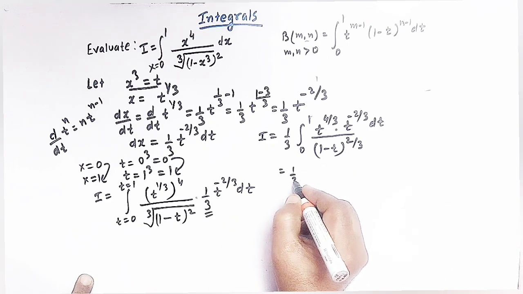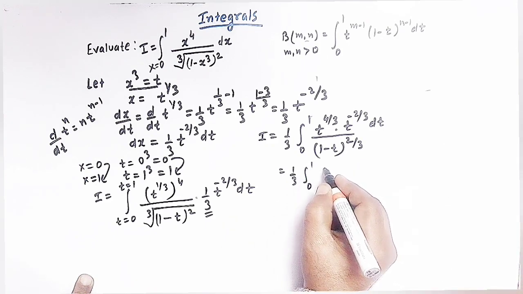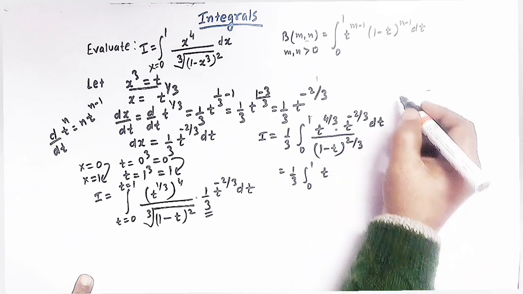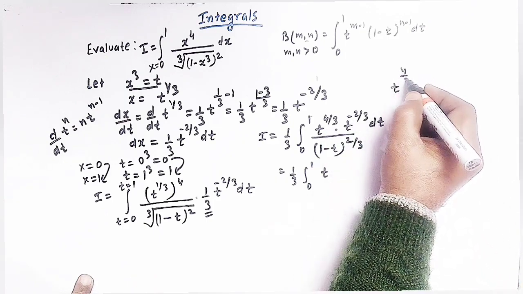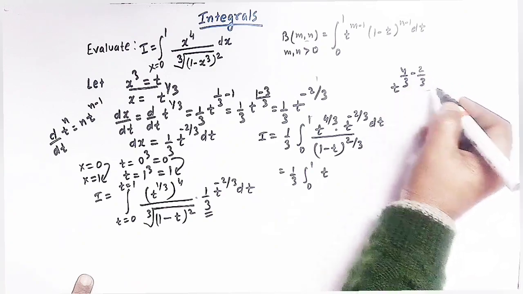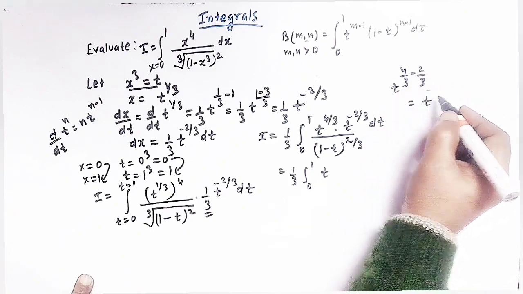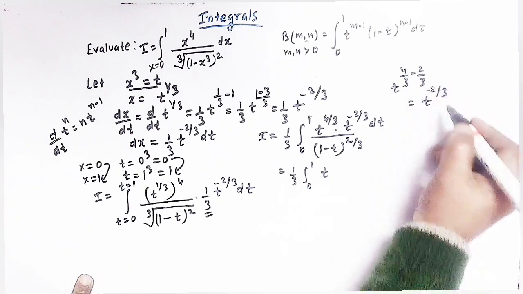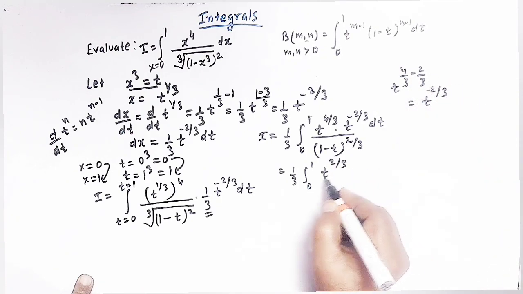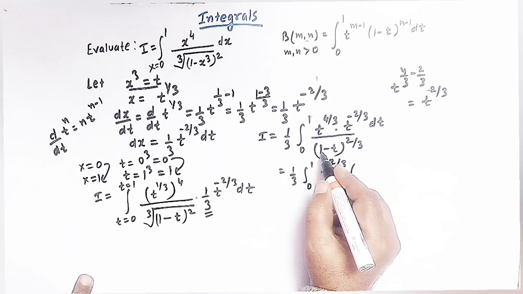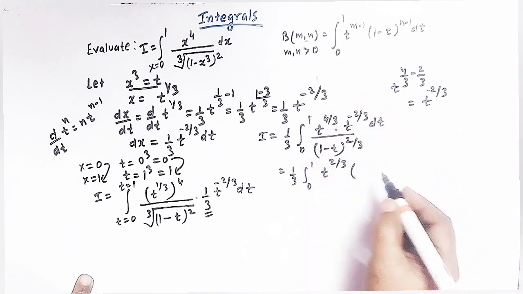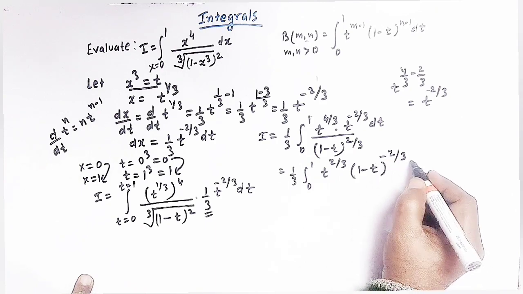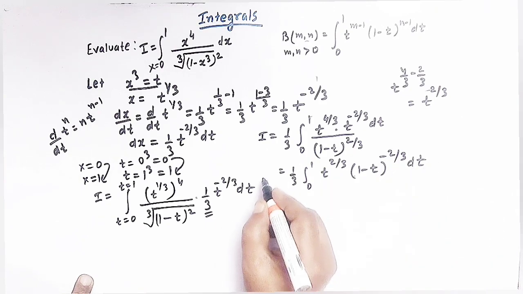So now this is 1 over 3 integral 0 to 1, and here using the laws of exponents, we can write t raised to 4 over 3 minus 2 over 3, that is t raised to (4 minus 2) over 3, so this is t raised to 2 by 3. So here we have t raised to 2 by 3, and taking this term to the numerator we have (1 minus t) raised to minus 2 over 3 dt.